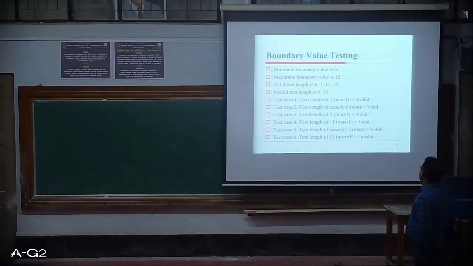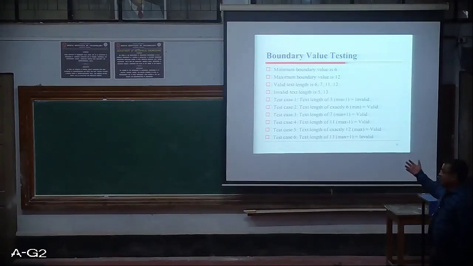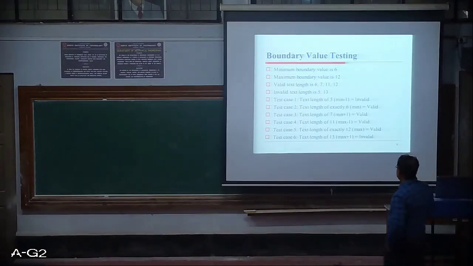Similarly, we have the text length of 11, that is 1 less than the maximum, which is in the valid range. Text length of 12, which is the boundary, is valid, and 1 more than the maximum, which is 13, is invalid. So this should be the output of the test cases given the inputs.